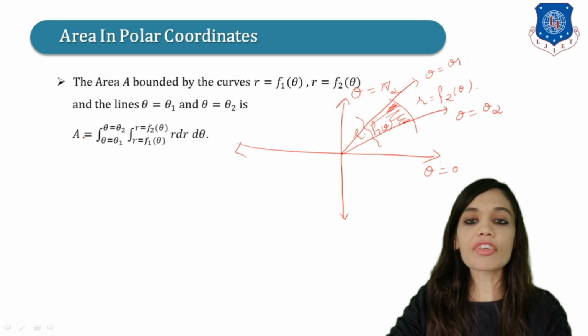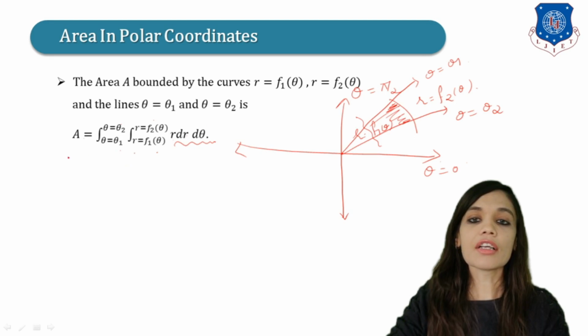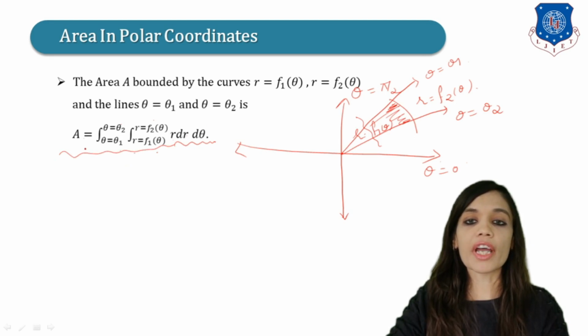So our area will be given by theta equals theta 1 to theta 2, r equals f1 of theta to f2 of theta, r dr d theta. So dx dy is replaced by what? r dr d theta. So this is our formula to find area in polar coordinates.